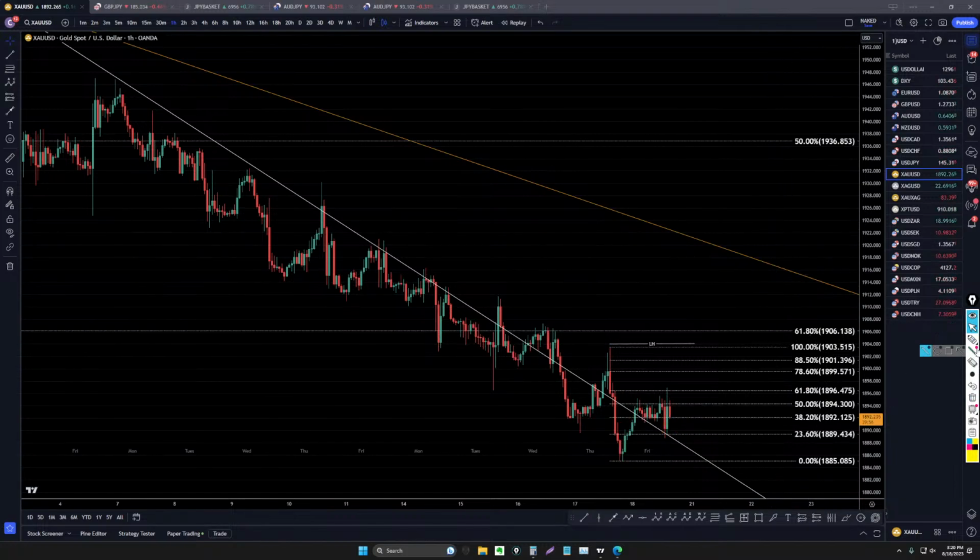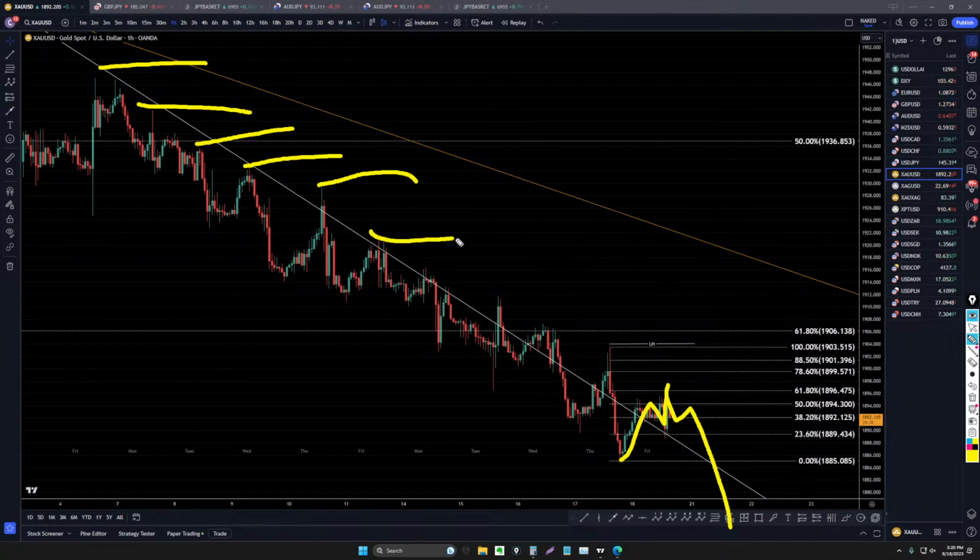So yeah, remember how earlier I said I wouldn't go long on gold? This is why. Look at that. I mean, yeah, it could go up again and it could break structure, but it's probably more likely that it's just going to go down. The trend is down. Look at this right here. Talk about catching a falling knife. What happens when you catch a falling knife? You get cut. That's why every single person that tried to go long here probably lost.